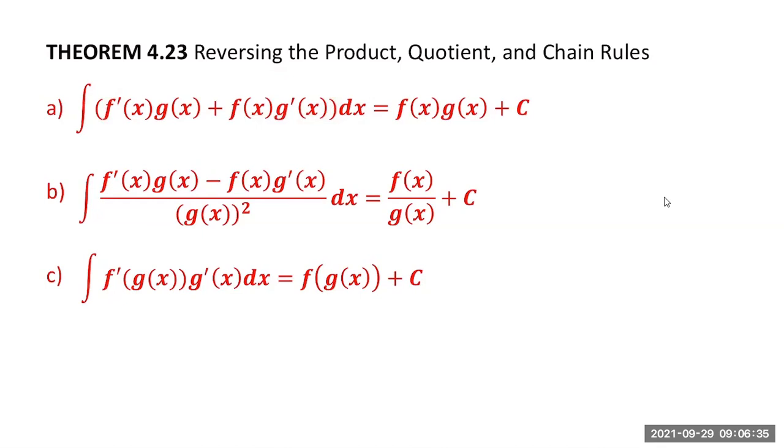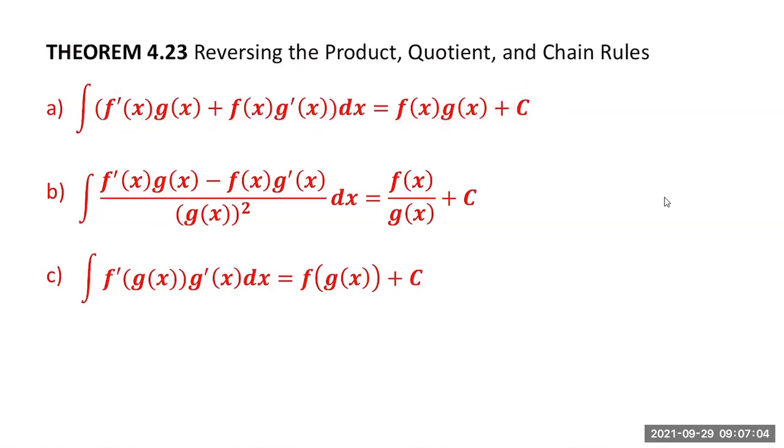When we were discussing derivatives, what formula is this? Take the derivative of the first function, leave the second function fixed. Leave the first function fixed, take the derivative of the second function. This is the derivative of the product f of x times g of x, right? That means the indefinite integral of this function is f of x times g of x plus c.